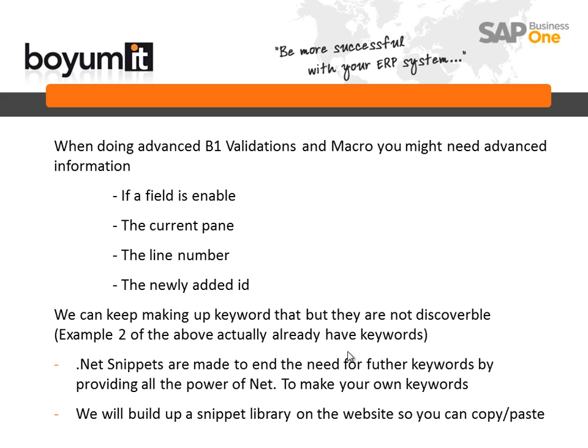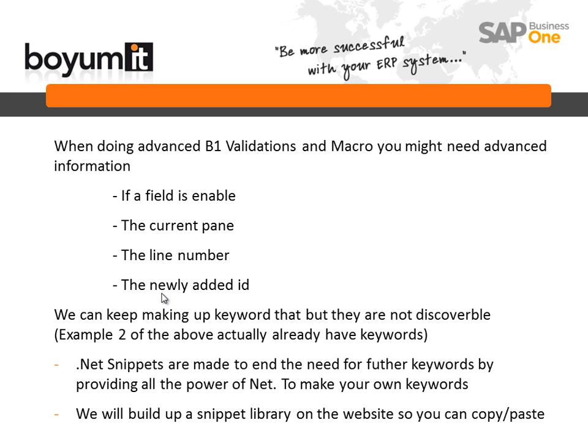What is the current pane right now? What is the line number? What is the newly added ID we just put in? We can keep on making keywords for you, but they're not very discoverable. As an example, 2 of these 4 are actually already keywords. That's the current pane and the newly added ID, but nobody really knows. And the other 2 are not there, so you can't really make a validation that says if this field is enabled, do this. If it's not, then do this.